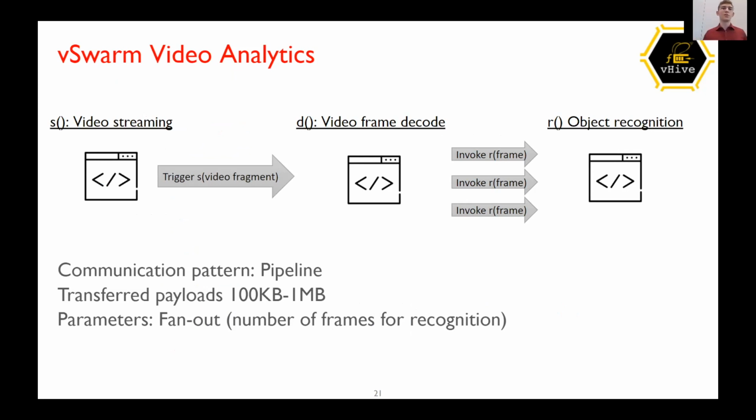The transfer uses S3 buckets, because you can't pass big payloads directly through functions. So each function will upload to S3, and then the next function will download again. The actual application developer would only need to write these 3 functions, and all the communication, etc., would be taken care of by the provider.